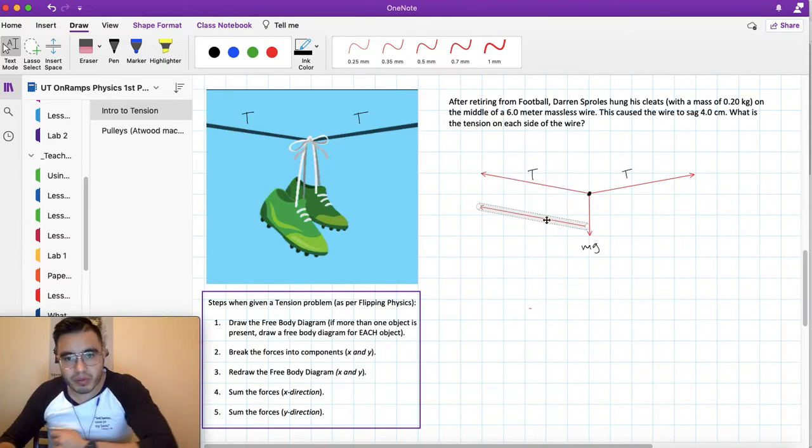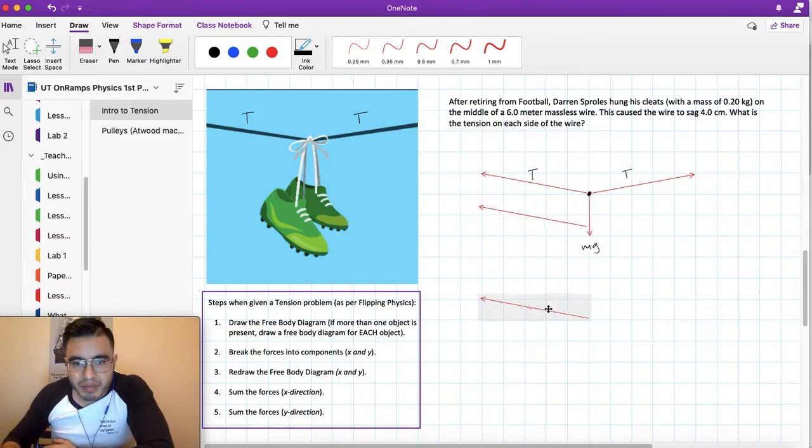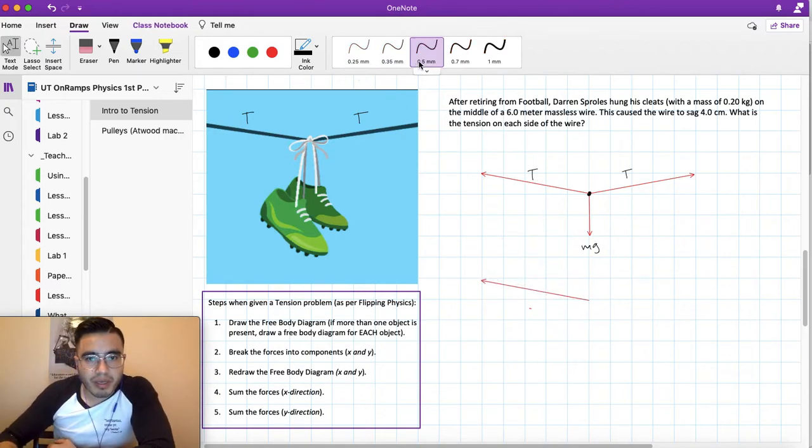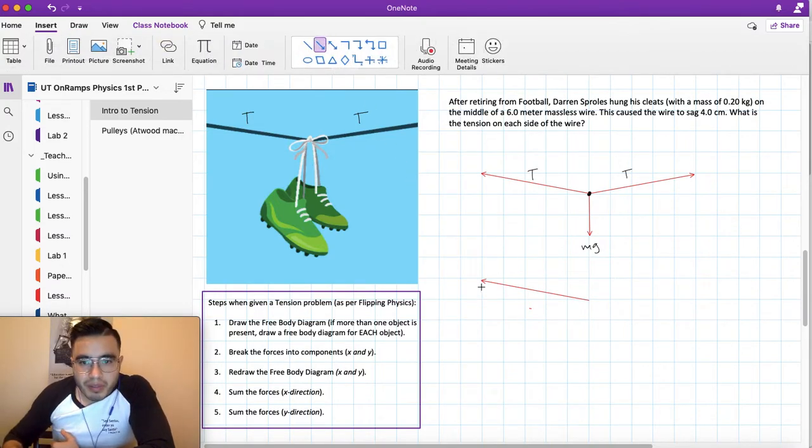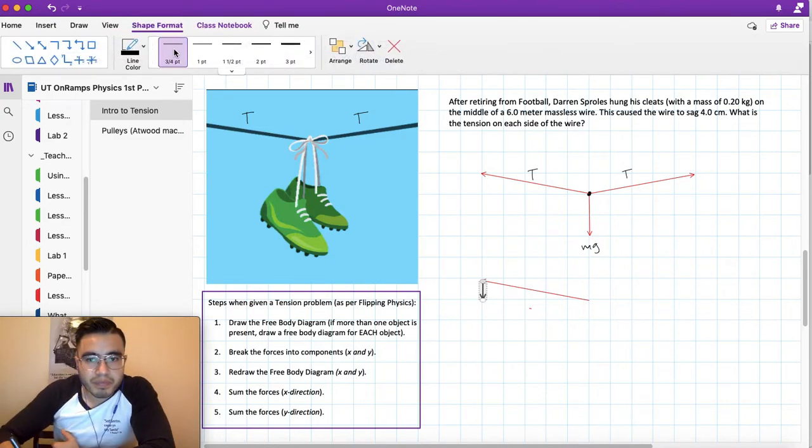I'm going to break the components individually for this vector. So let's go for the component of the tension along the y direction and the component of tension along the x direction.